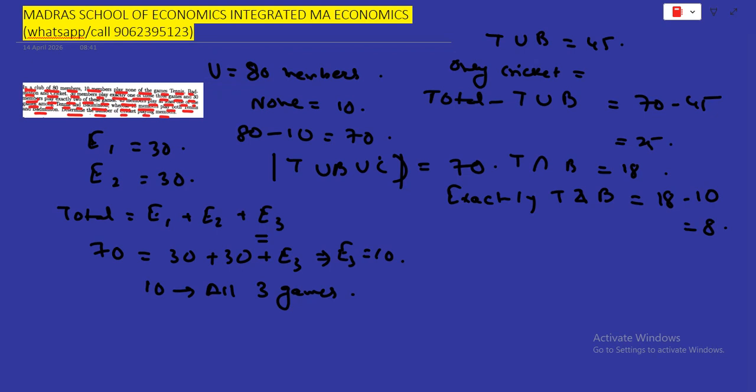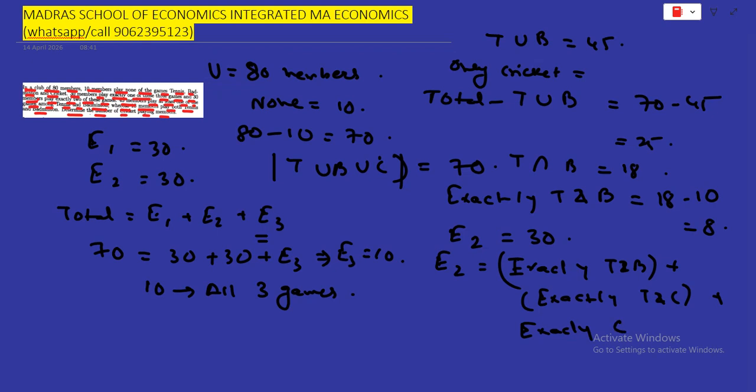So we know E2, the exactly two games, is 30, and E2 is exactly T and B plus exactly T and C plus exactly B and C, right?